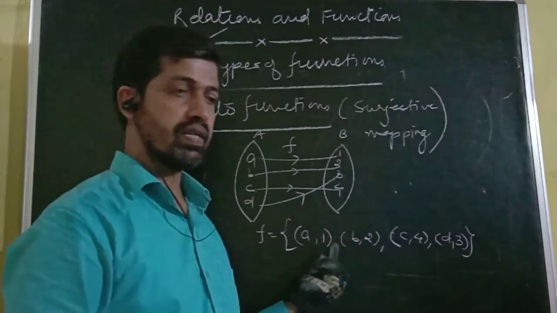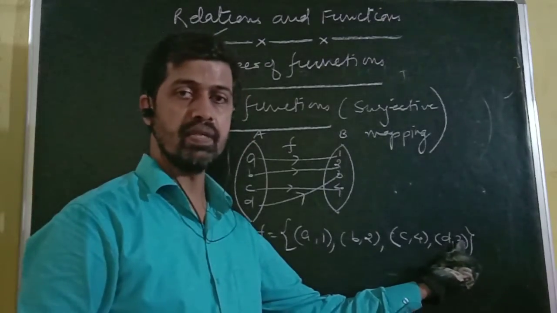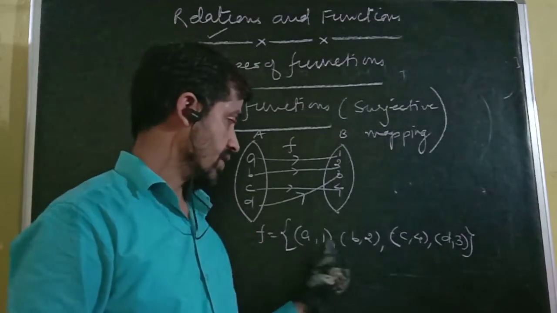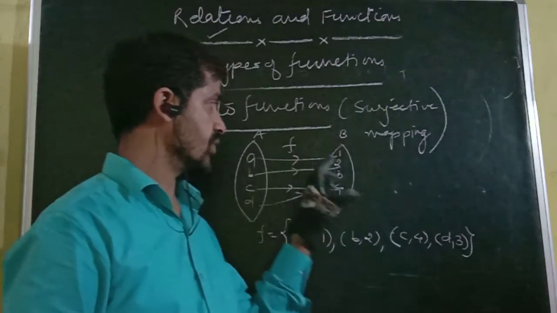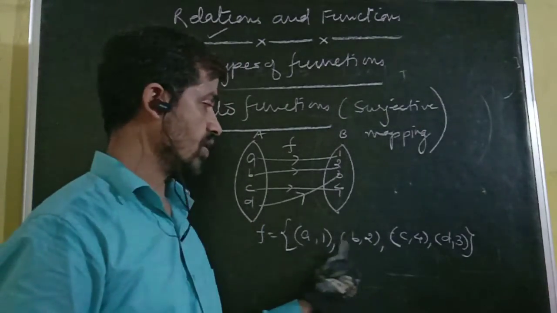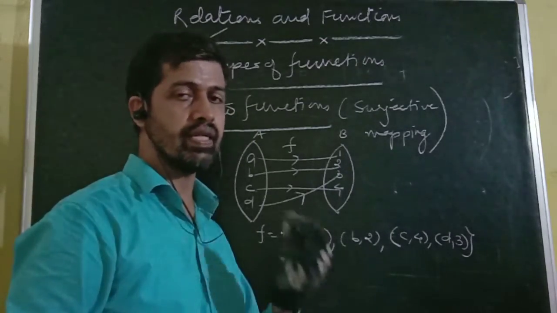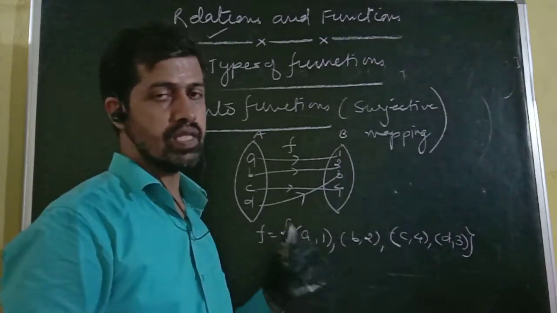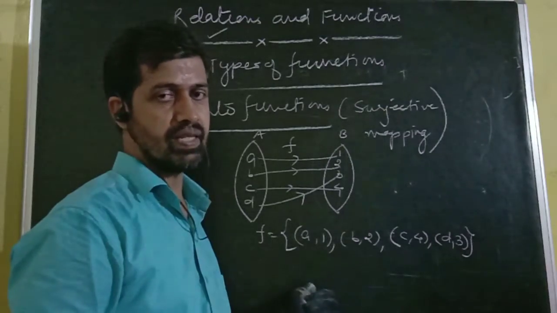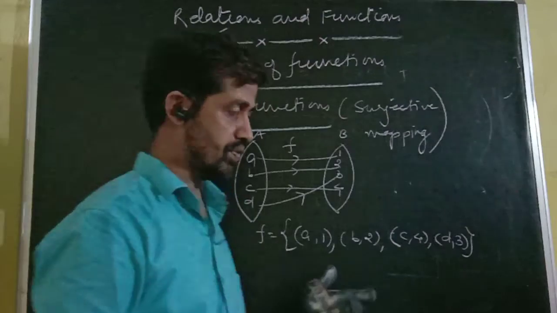One important thing to notice is that the collection of all the second elements is equal to the codomain. So whenever the collection of all the second elements equals the codomain, the function is definitely onto or surjective. This is the method by which we can easily check it out.